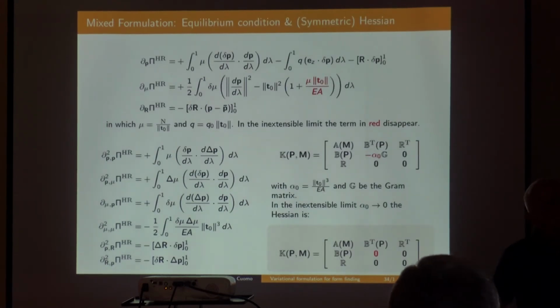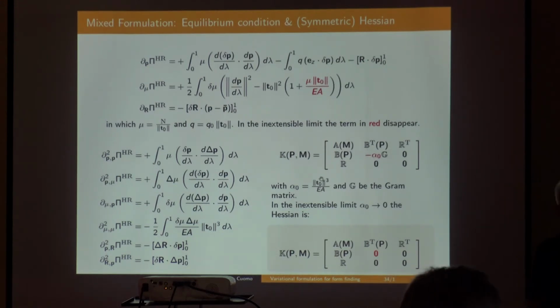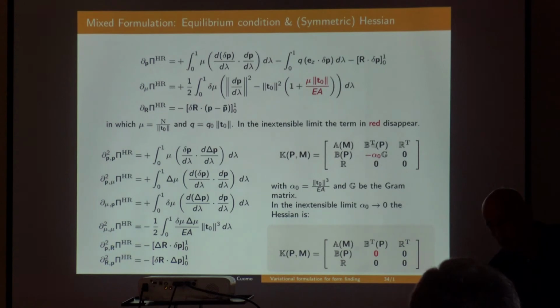So we do all the variation. In this case, you have to evaluate also the second variation, because you need the Hessian matrix in order to implement the Newton iteration. Don't look at the last column and row, because it's a particular case. But if you look at the first two rows and columns, this is the standard Hessian of a mixed problem.